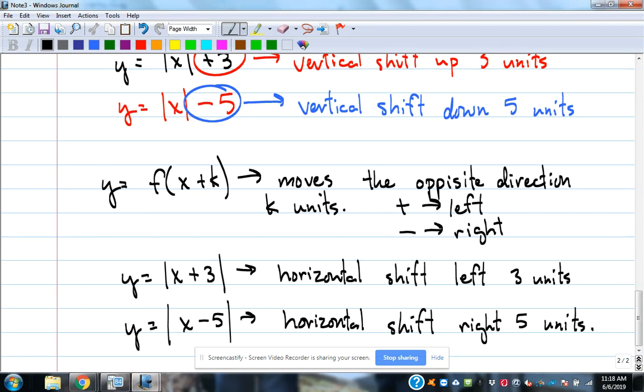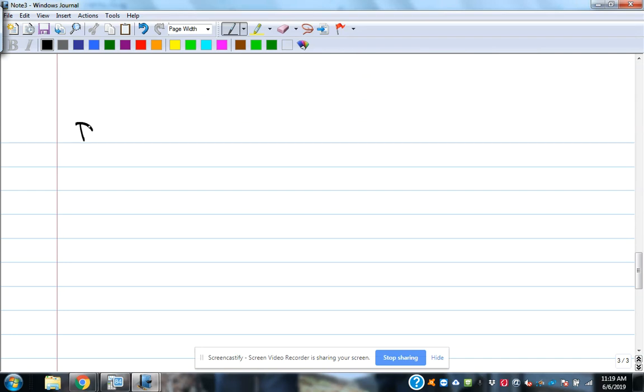Now, we could graph it and try to recognize it, but it's very hard to look at two graphs and say I know they did a vertical shift here, or a compression or a stretch, because they can kind of trick you with some of those. So we're going to look at the equations and describe the transformations.